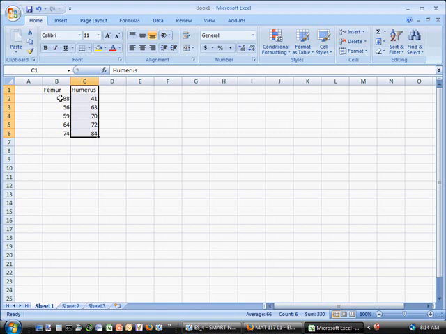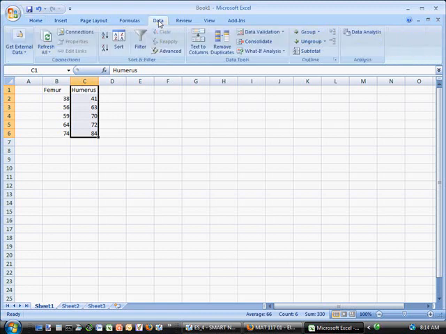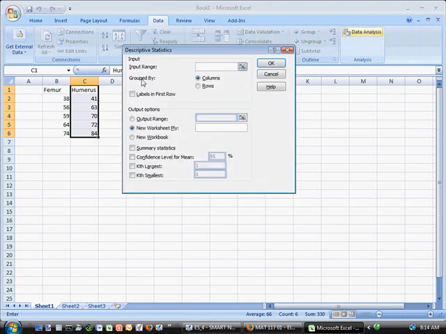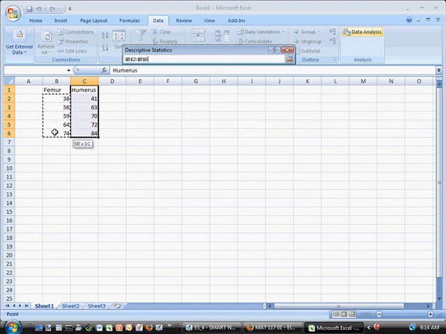So, here, first of all, I'm going to do an automatic data analysis. So this is old stuff. I'm going to do descriptive statistics. And I want to do first this side, the femur lengths.